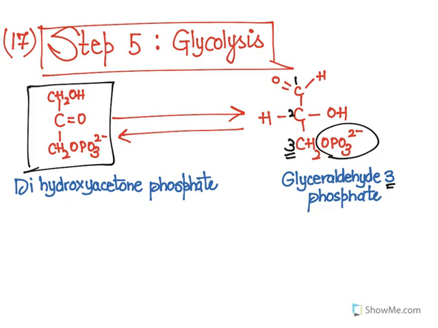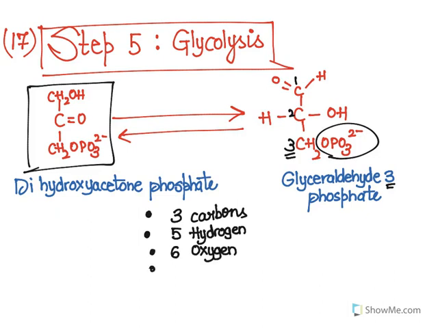Now, what is basically happening? There's something important to remember about these two reactants and products that we have. They both have 3 carbons, correct? They have 5 hydrogen atoms. They also have 6 oxygen, and they have 1 phosphorus.